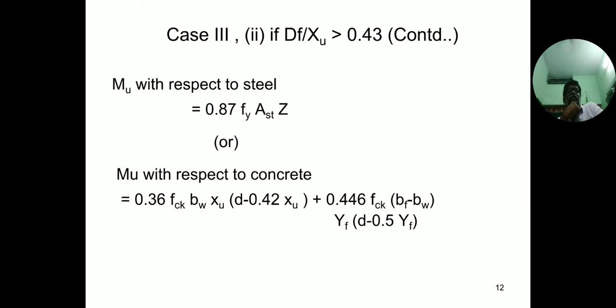Where YF is already given; the value of YF is available in the code.